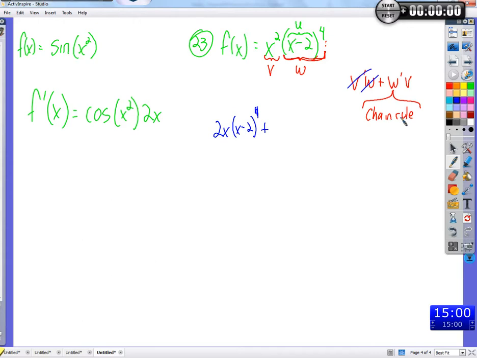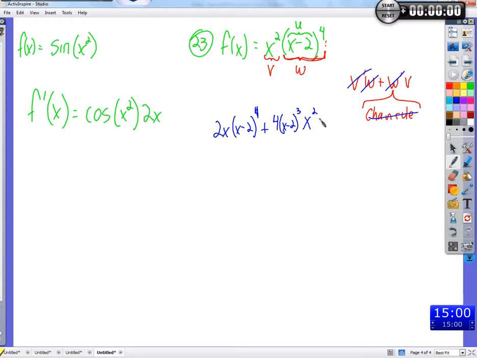So it'd be 4 times x minus 2 to the third, times the derivative of x minus 2. So we did the chain rule, so that's done. And then we do times v, which is x squared. And we can leave it like that.